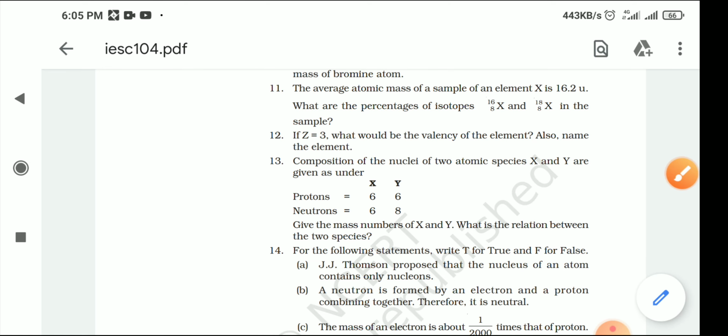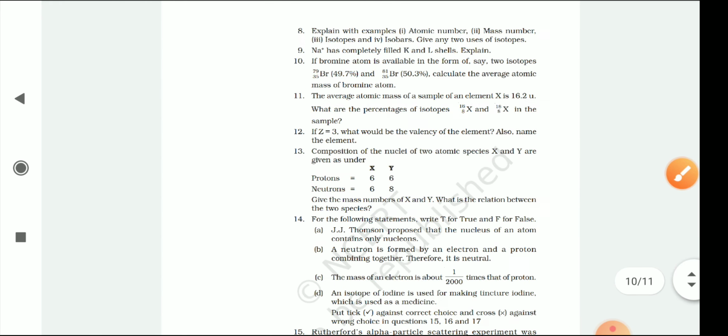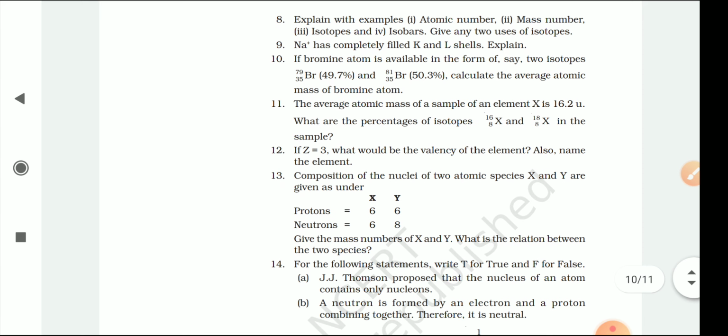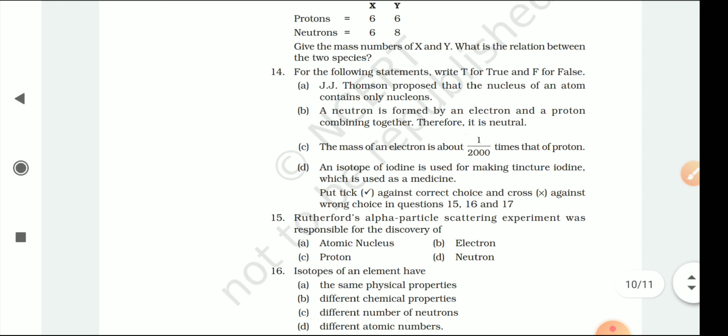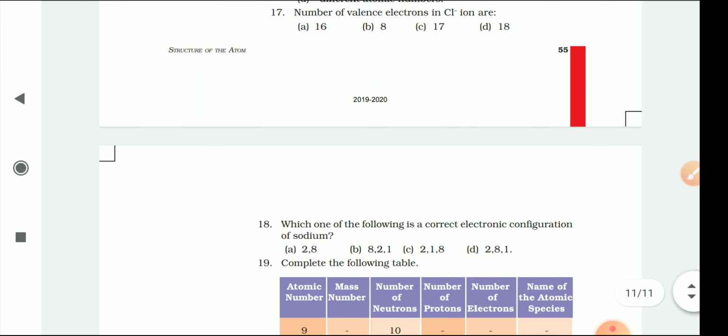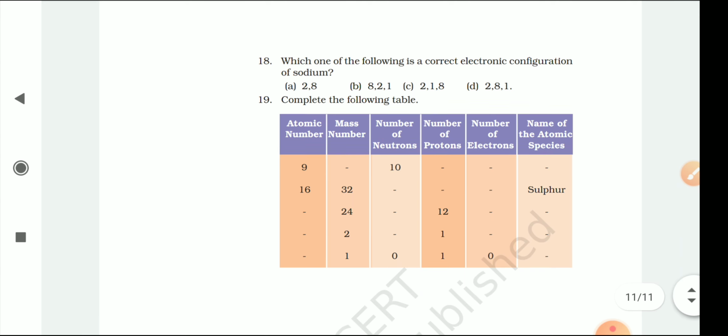So you should know how to solve this question. This is your work for today. You have to properly write the definitions of atomic number and mass number, and do question number 12 and question number 13. A very interesting one: the number of valence electrons in Cl, atomic number 17, you will do. And question number 19 is very important.